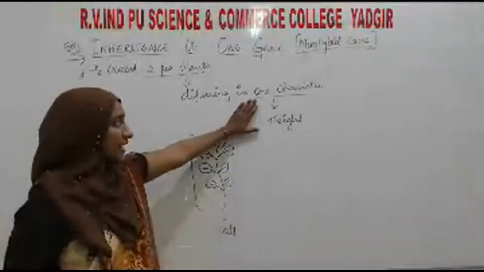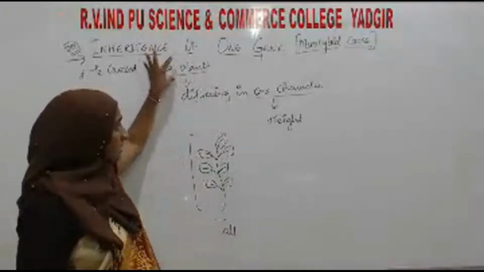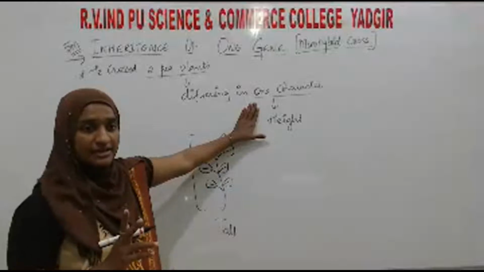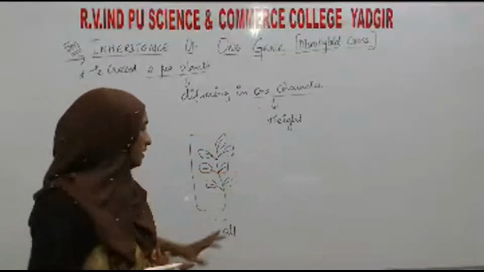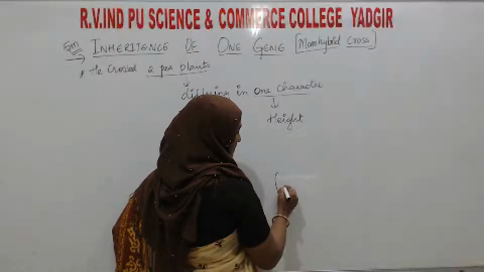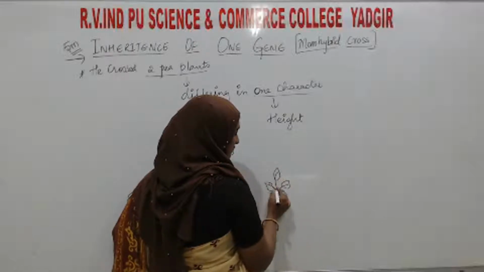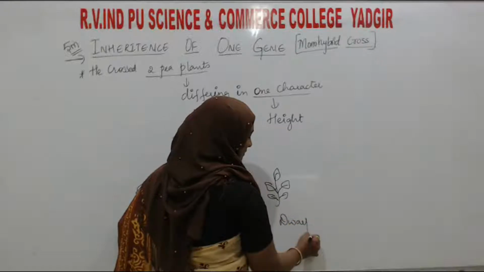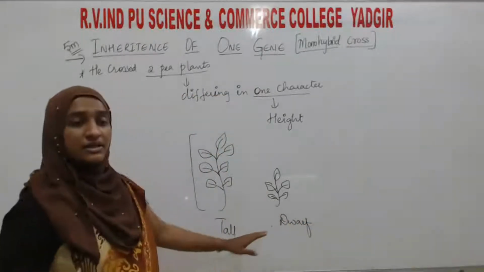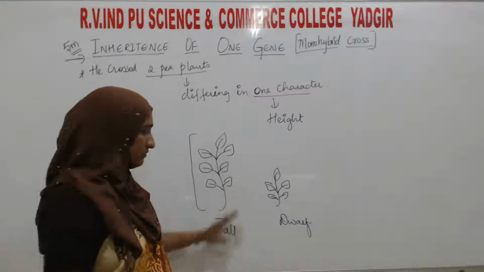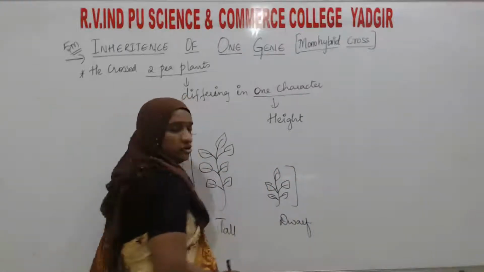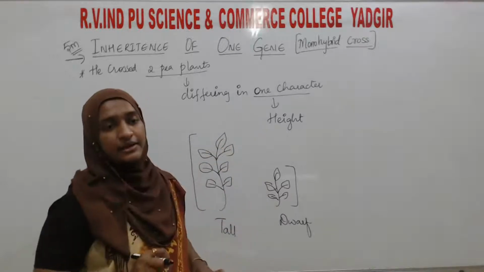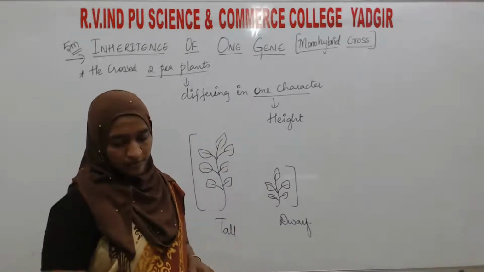Okay, 2 pea plants, but they differ in one character, that is the height. One is tall, another is dwarf. This is the tall one, and this is the short one, the dwarf one. So he has taken that one character from the 2 pea plants.